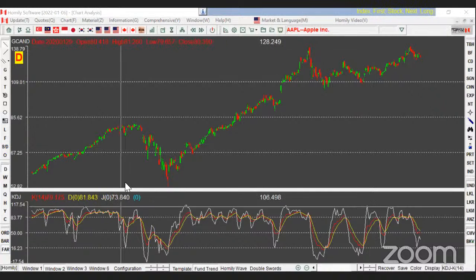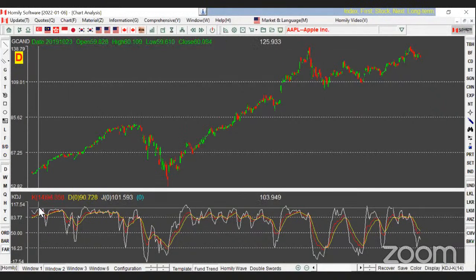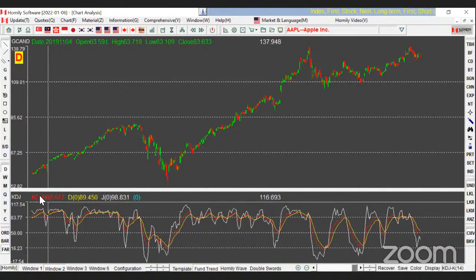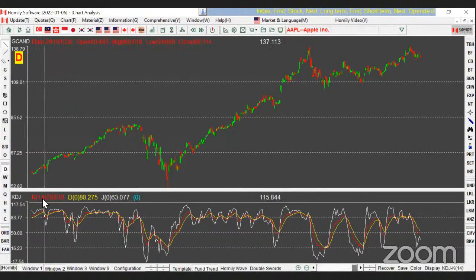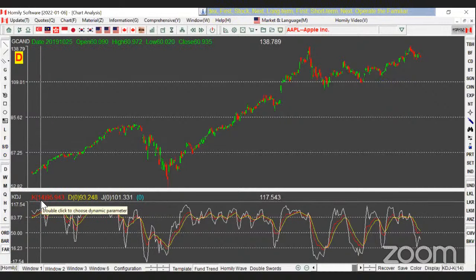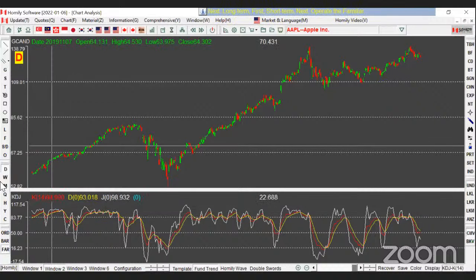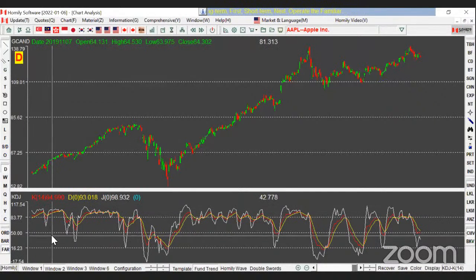That's very good. Okay, so for KDJ, can you see currently the K in the bracket, the value is 14, right? So currently in my software, the parameter for K is 14, but you can change that. The default in the software is 9 days.